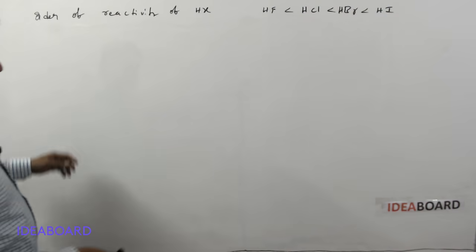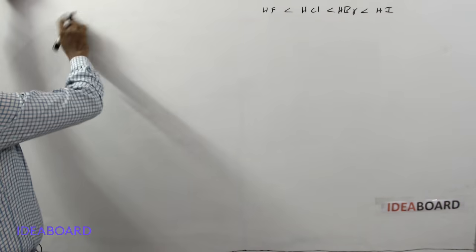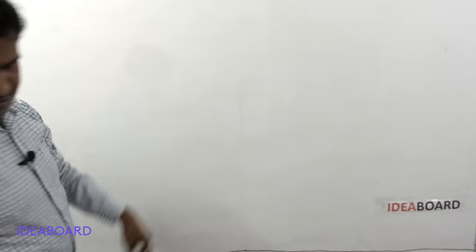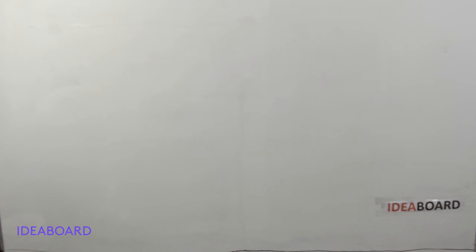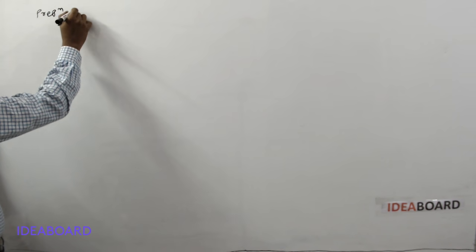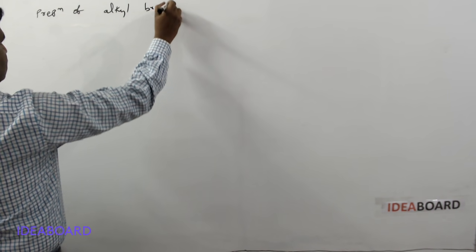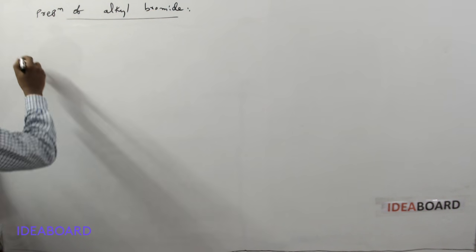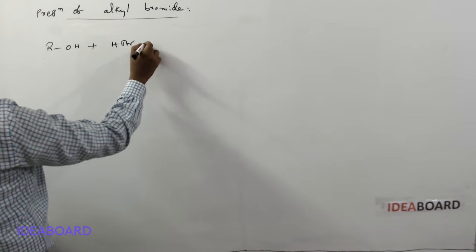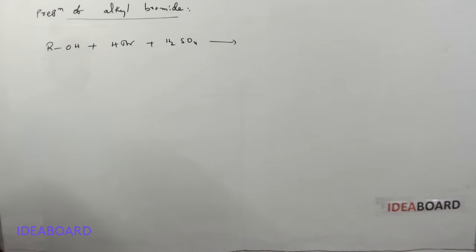Next, preparation of alkyl bromides and alkyl iodides. How can we prepare alkyl bromide and alkyl iodide? For the preparation of alkyl bromide, we are taking ROH, which reacts with an HBr and H2SO4 mixture.